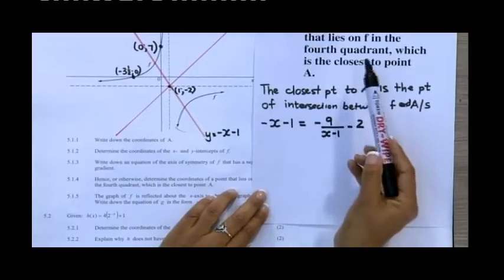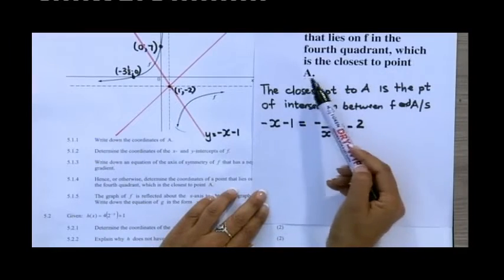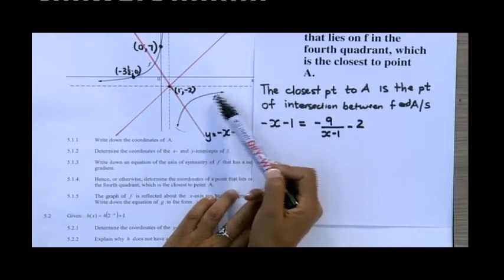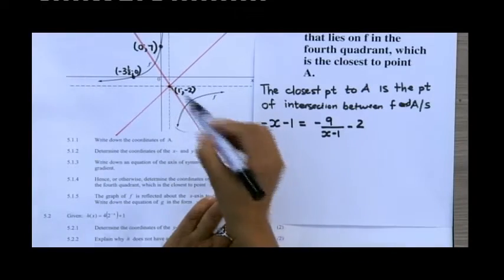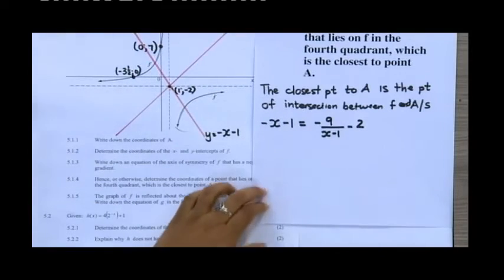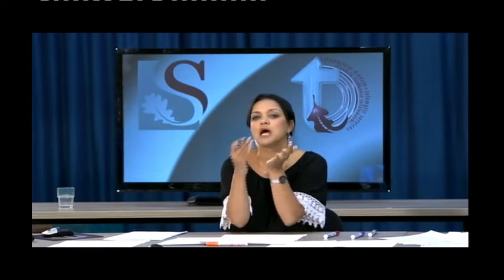They say determine the closest point to A. The closest point to A that lies on F is going to be the point of intersection between the hyperbola and the axis of symmetry. Point of intersection, what do we always do? We put the two equations equal to each other and we solve for x and we solve for y.